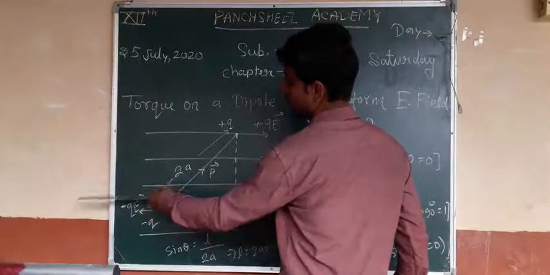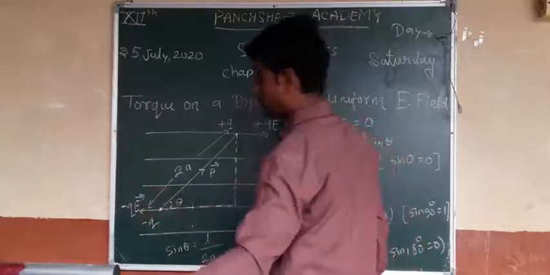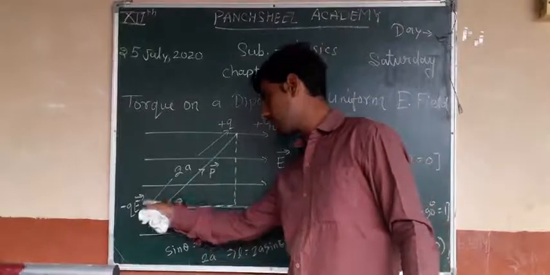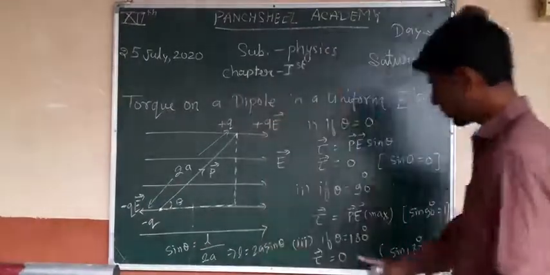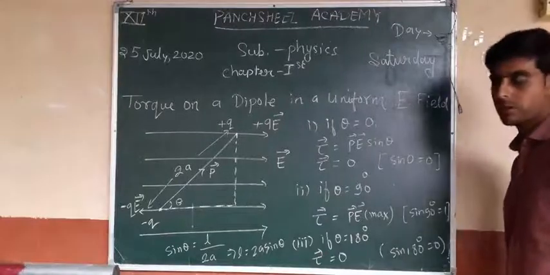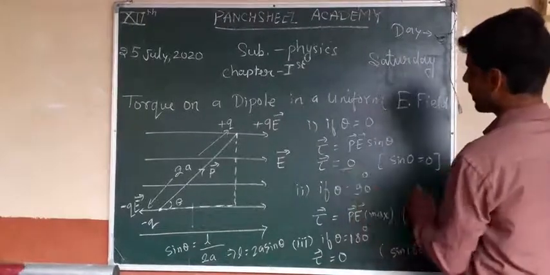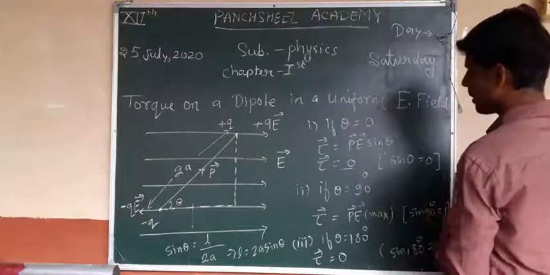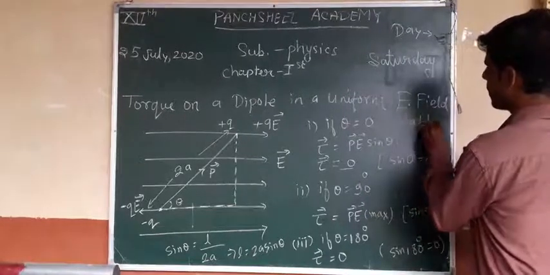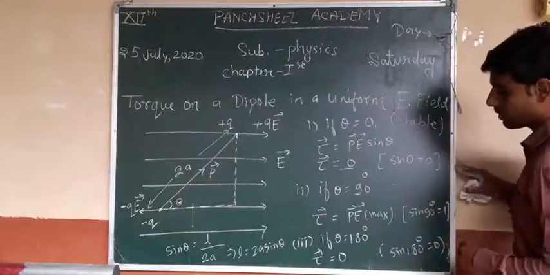So the angle between electric field and this dipole is 180. This is the third condition. There will be no torque. This is the stable condition, stable equilibrium.